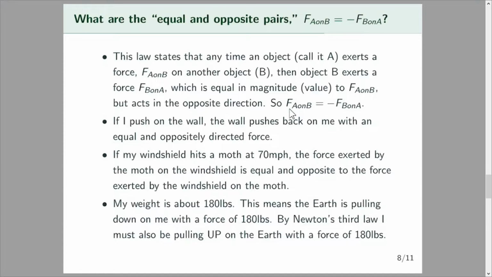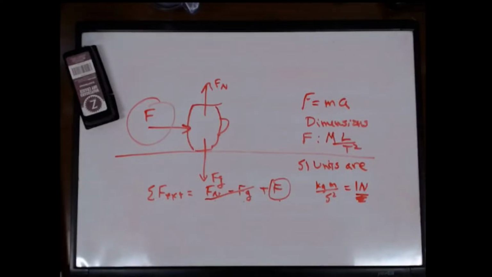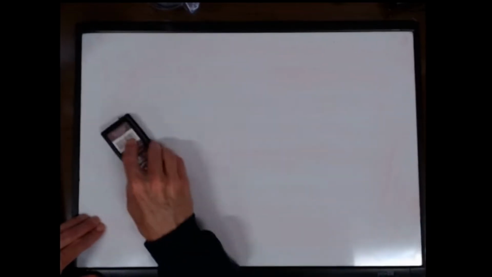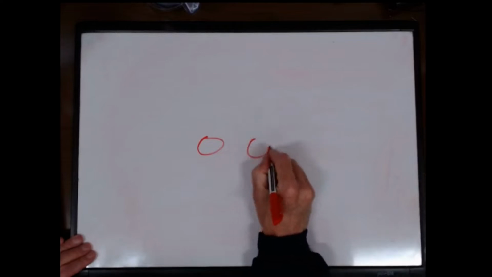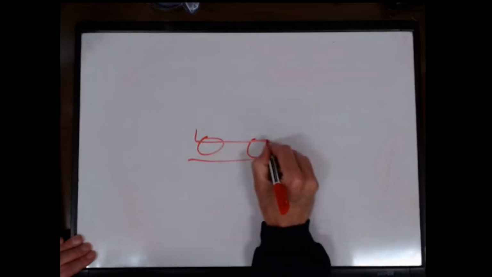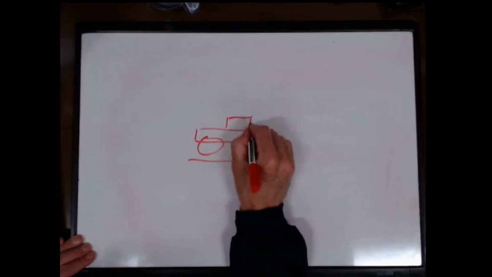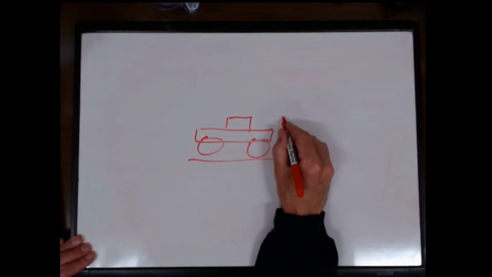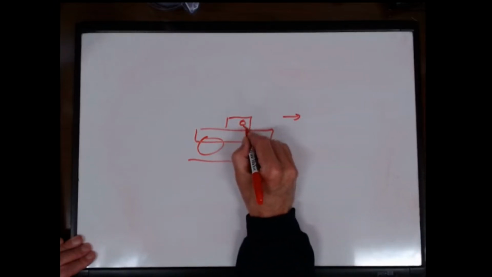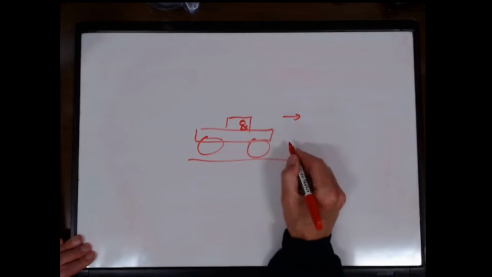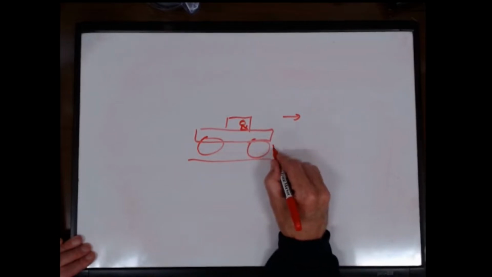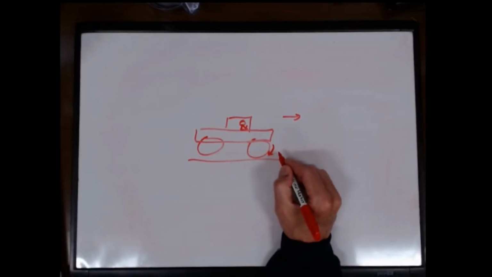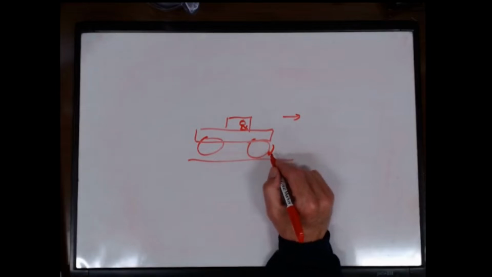It's the same thing with your car. When you drive a car, let me just do some hand drawing here. So here's my car again, right? I'm getting worse and worse as I go, right? If this is the forward direction, so this is me going this way, holding on my steering wheel or something like that. When I step on the gas, I'm causing the engine to turn the wheel. That's not what makes the car move.